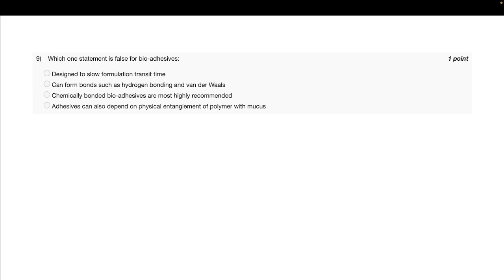Okay, no response, we'll discuss. So the false statement for bioadhesives is that chemically bonded bioadhesives are most highly recommended, which is not the case.